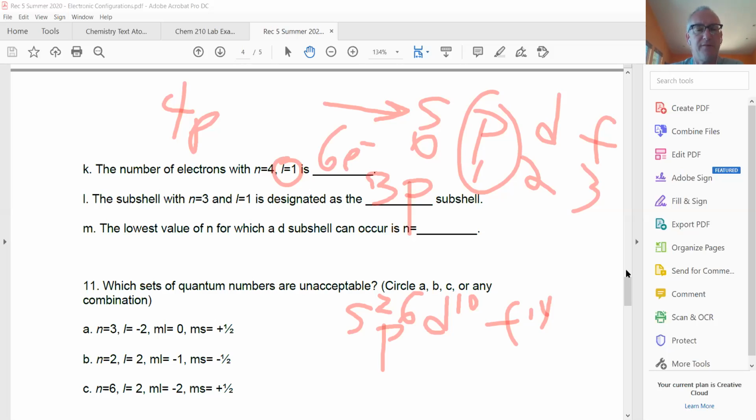So the lowest value for n where you can find a D subshell. Where's the first time we see a D subshell? Remember, each time we add a new shell, we go to a new level and add another subshell.